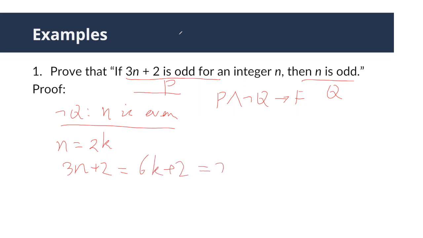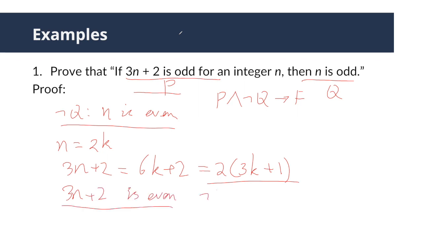And if you factor out 2, you have 2 times 3k plus 1. What does this mean? This means 3n plus 2 is even. This is essentially not P. And one of your premises is P is true. Therefore, P and not P is a contradiction.